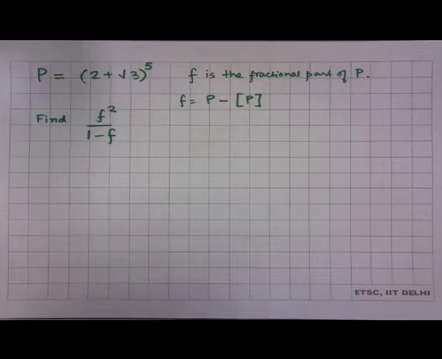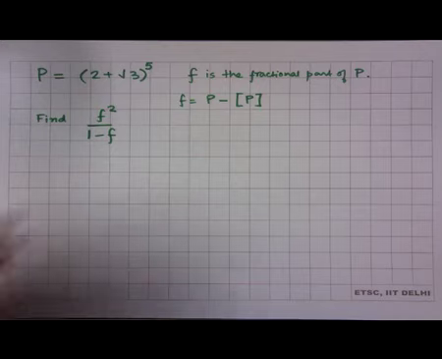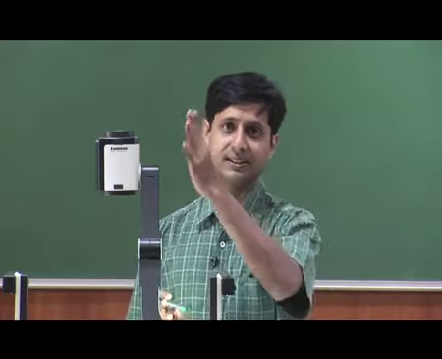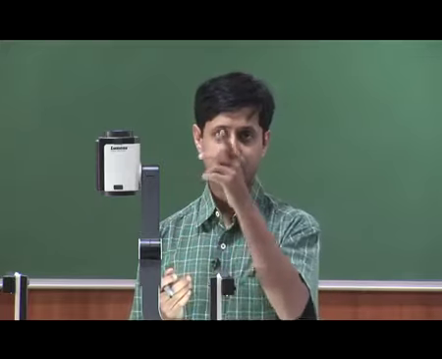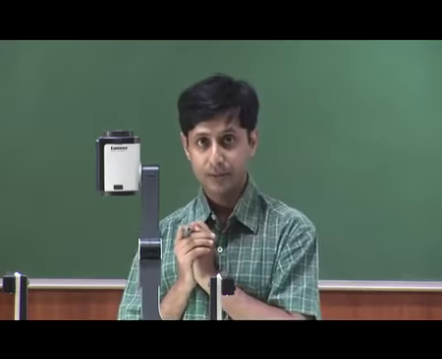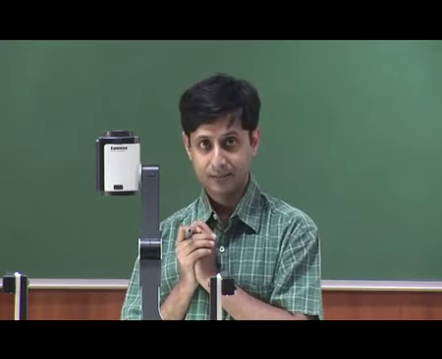How do we do this? So, once again I look at (2 plus root 3) whole power 5, right. It is going to break up into some integer terms, some fractional terms. The fractional terms are all related to root 3, right.